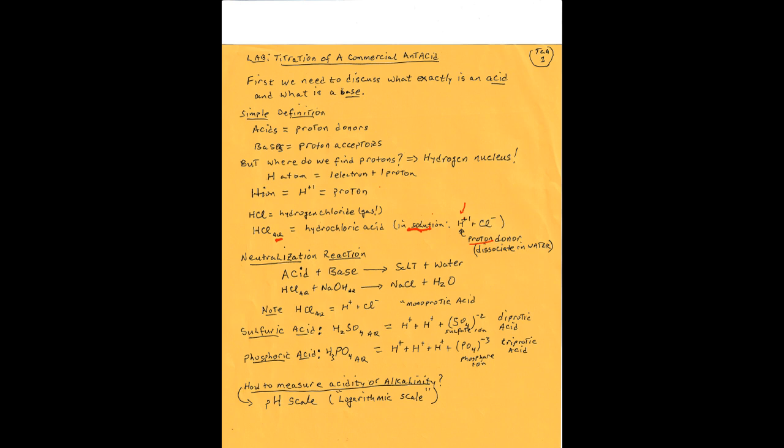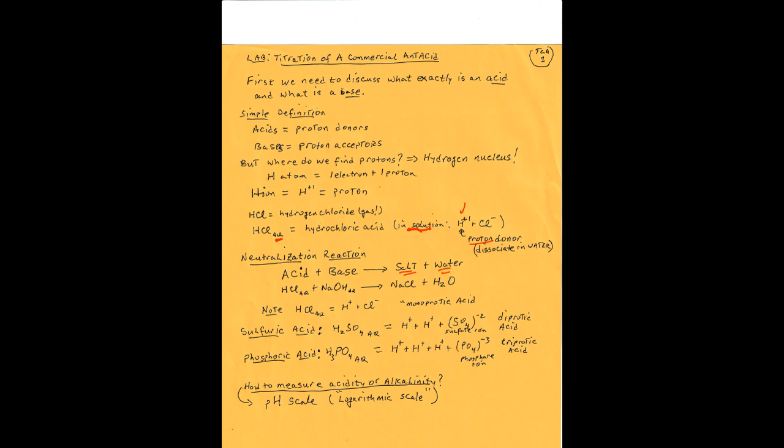Here's a neutralization reaction. You should know this reaction. When you add an acid and a base, the products are always a salt, and there are many different salts, and water, H2O.